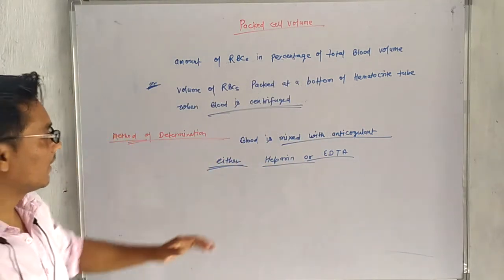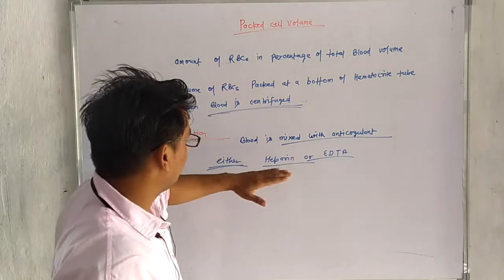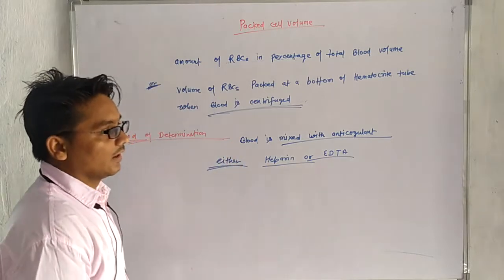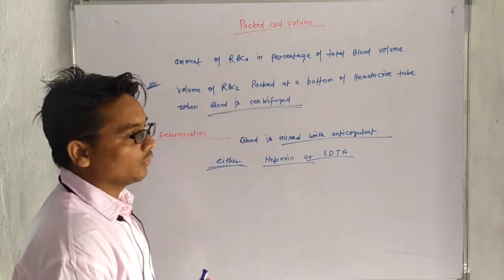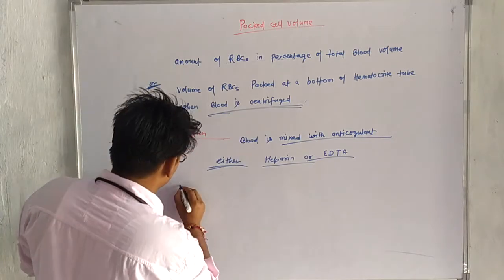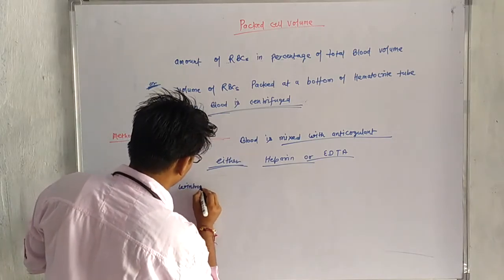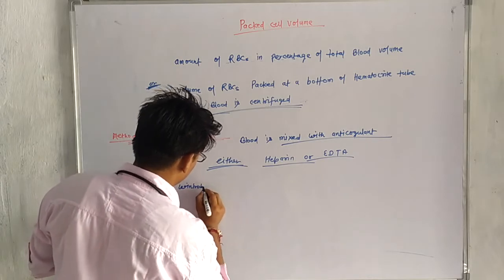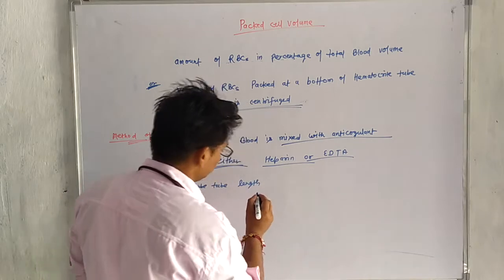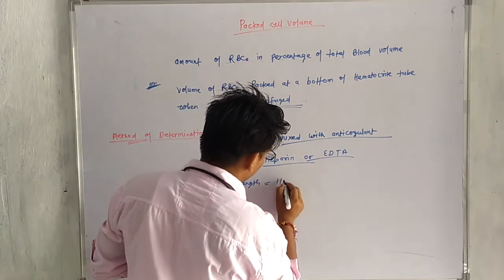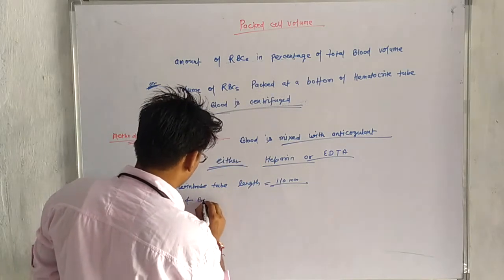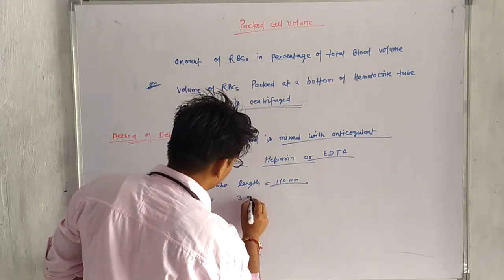After mixing with anticoagulant, the blood is filled in a hematocrit tube or Wintrobe tube. Tube length is 110 mm and bore is 3 mm.